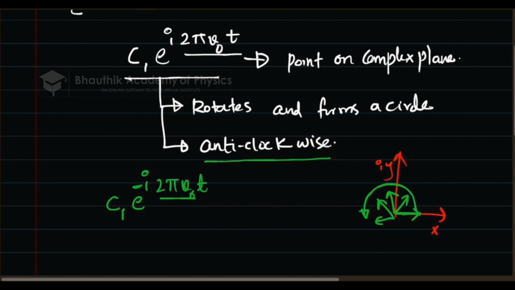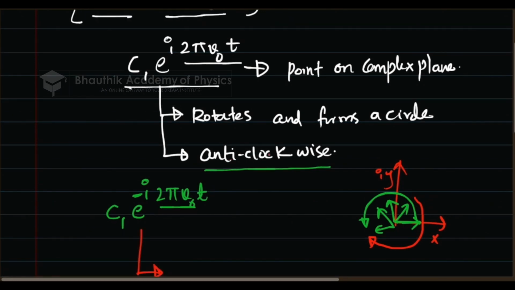That is, this time the vector is rotating clockwise. This is the direction of the negative angle. Now we have represented a spinning vector or a spinning point in anti-clockwise as well as in clockwise directions.